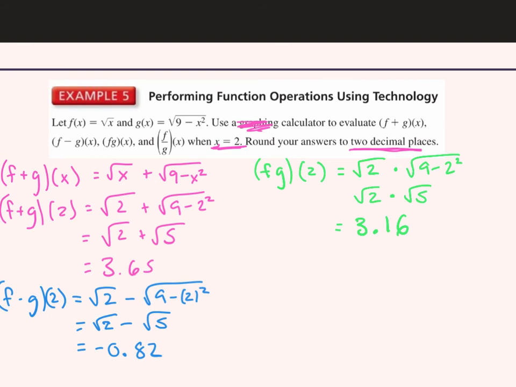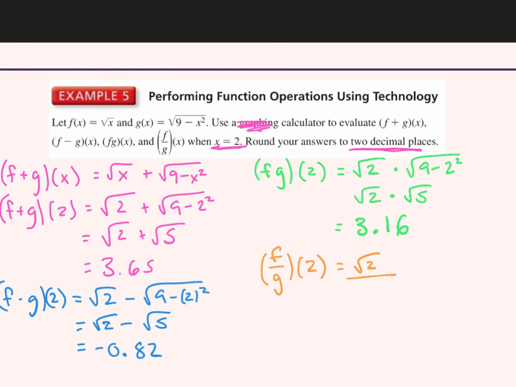And then lastly, f over g of 2. So we have the square root of 2 times the square root of 9 minus 2 squared. So the square root of 2 times square root of 5. Oh no, divided by. My bad.